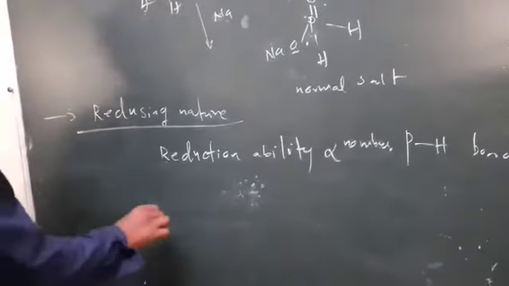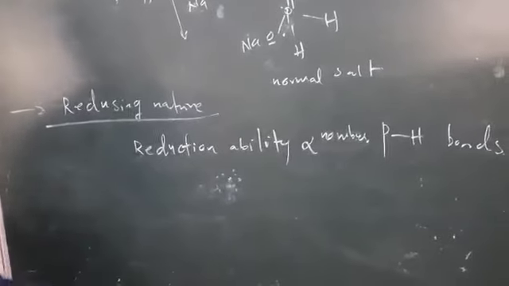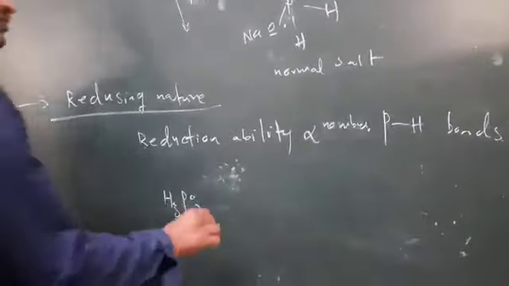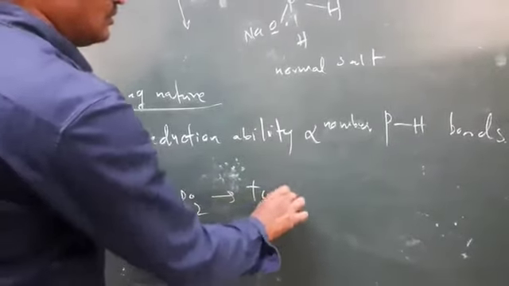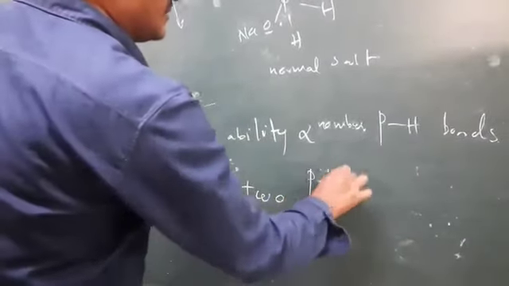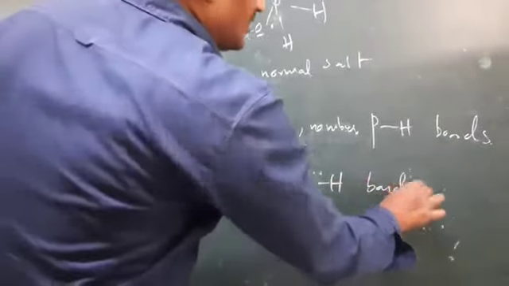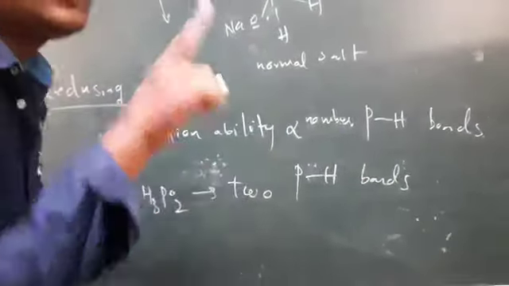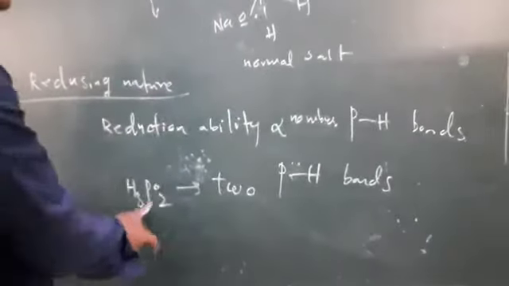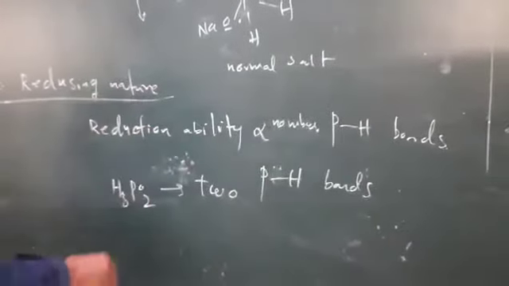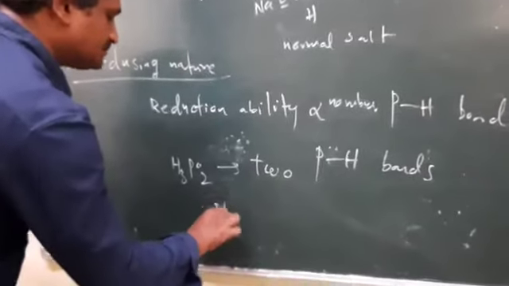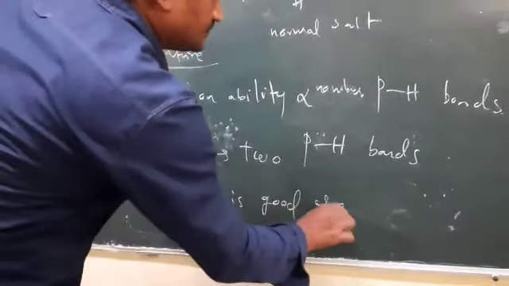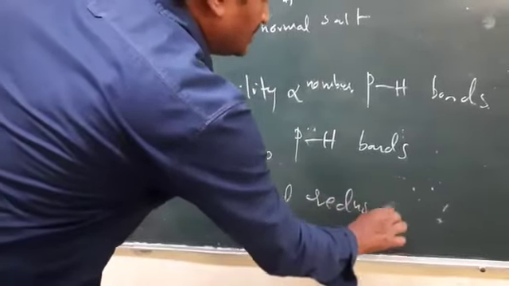If you see hypophosphorus acid, H3PO2, it has two P-H bonds. So among all phosphorus oxyacids, this is a good reducing agent.